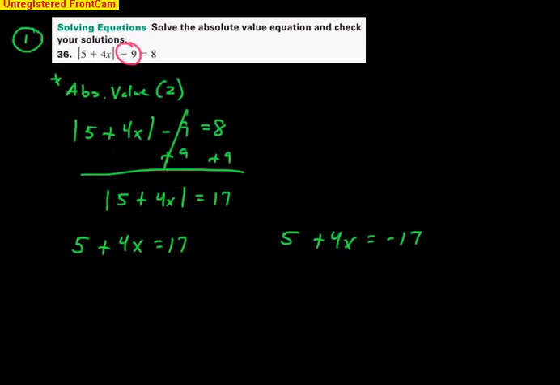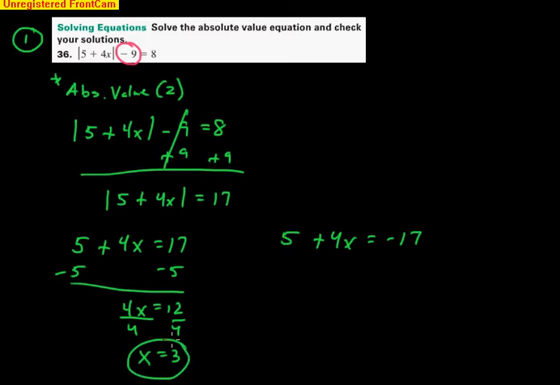I'm going to slide it down a little bit. Subtract 5 from both sides here. 4x equals 12, and divide by 4. There is one of my solutions, x equals 3. But there are two solutions to this problem. Subtract 5 to the other one. 4x equals negative 22.